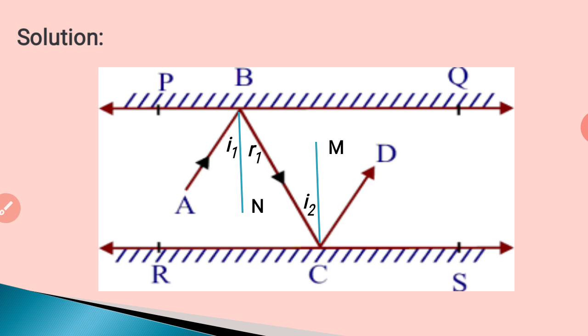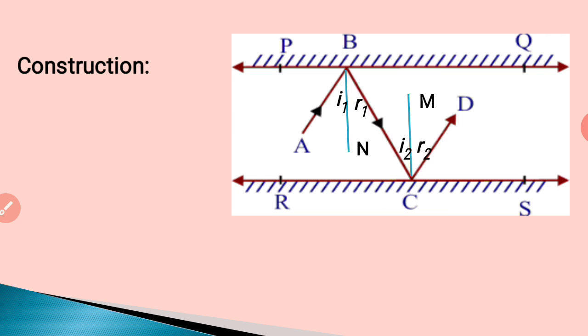Here we have the second angle of incidence, which is I2, and the second angle of reflection is represented as R2. Here I2 and R2 also will be equal.